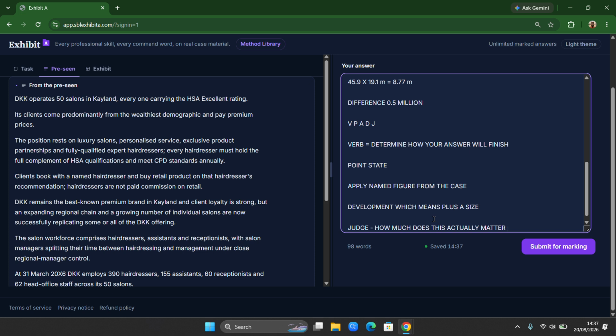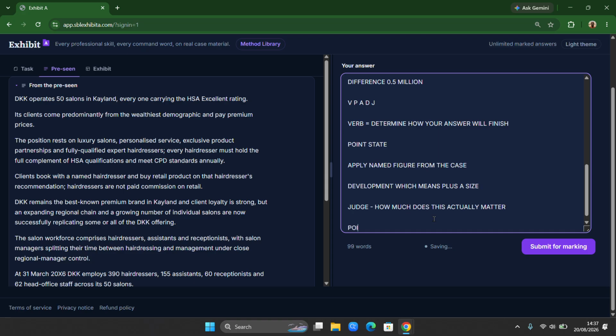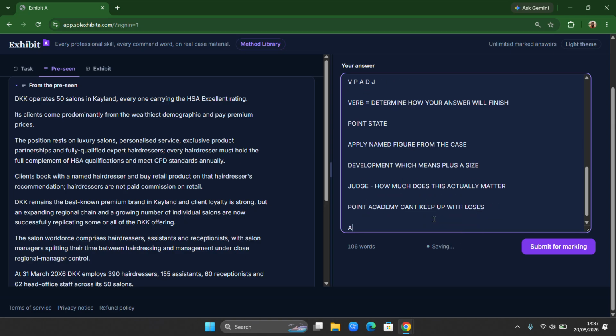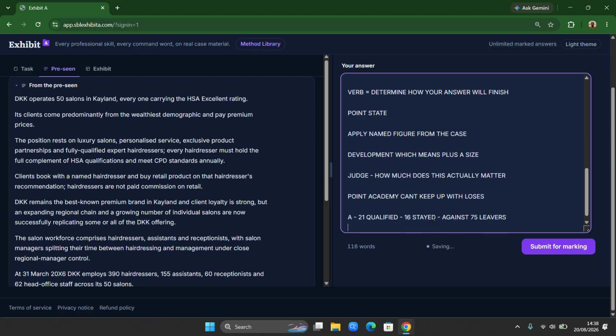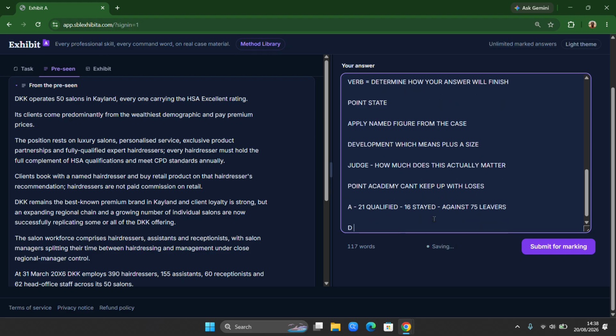So for example, just to run this through in this question, the point is the academy can't keep up with losses. Then the application is 21 qualified, 16 stayed against 75 leavers. So that's essentially going to be the figures. That backs up our point.